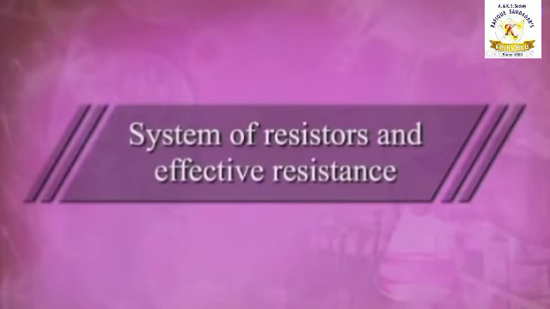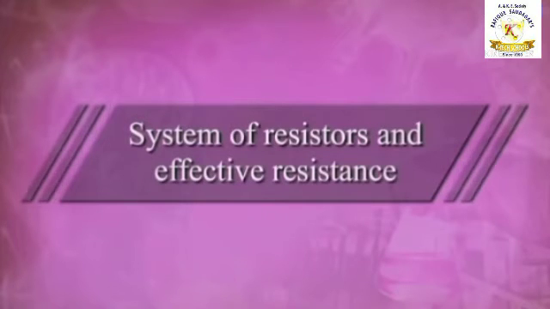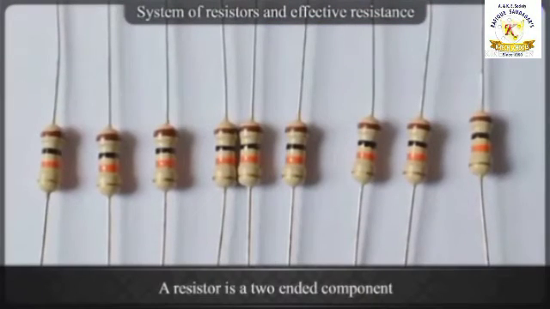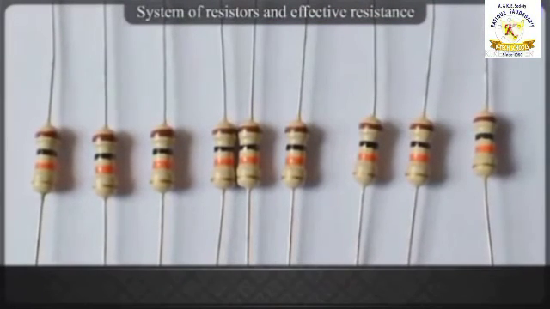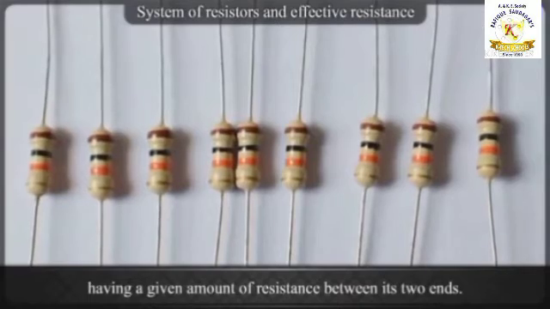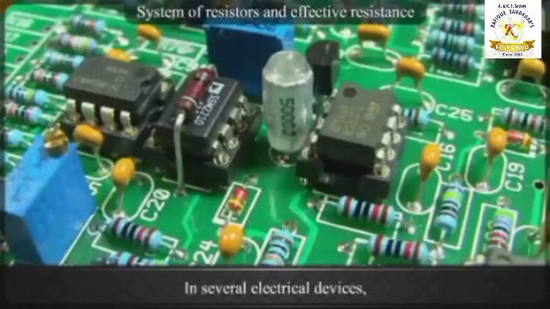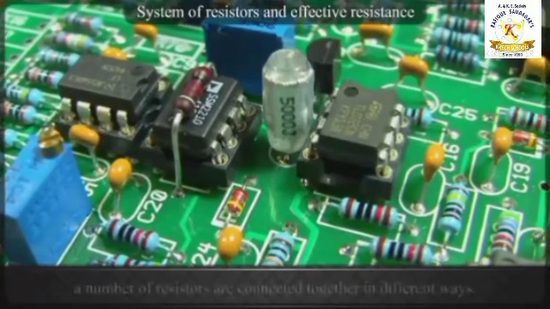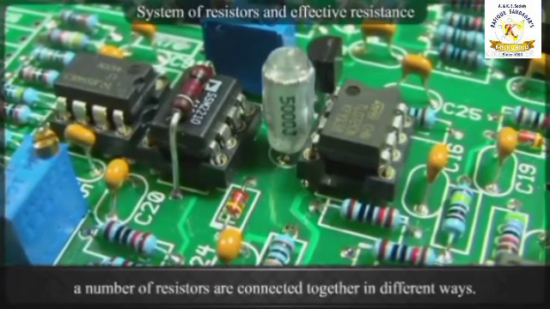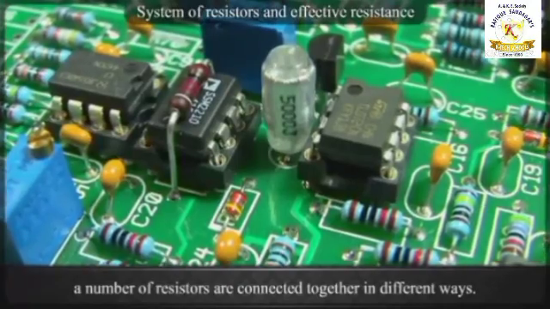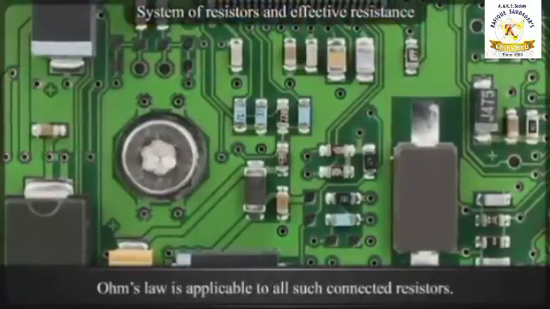Moving to the next concept, that is system of resistors and effective resistance. A resistor is a two-ended component having a given amount of resistance between its two ends. In several electrical devices, a number of resistors are connected together in different ways.